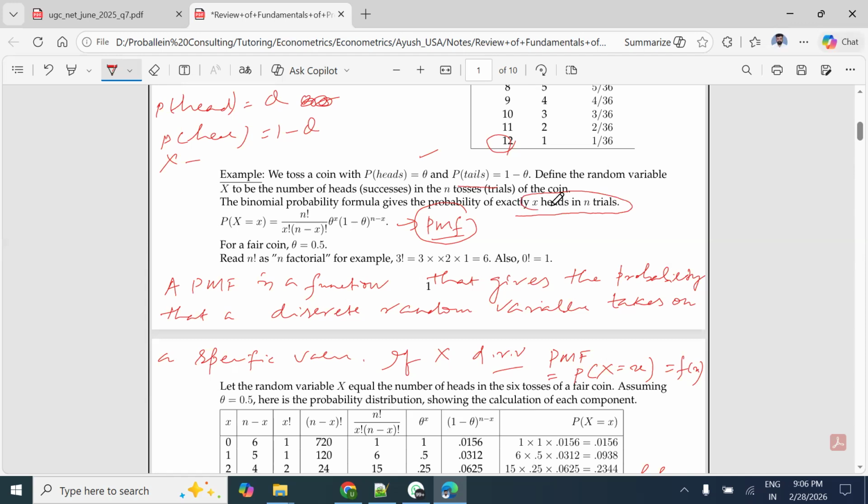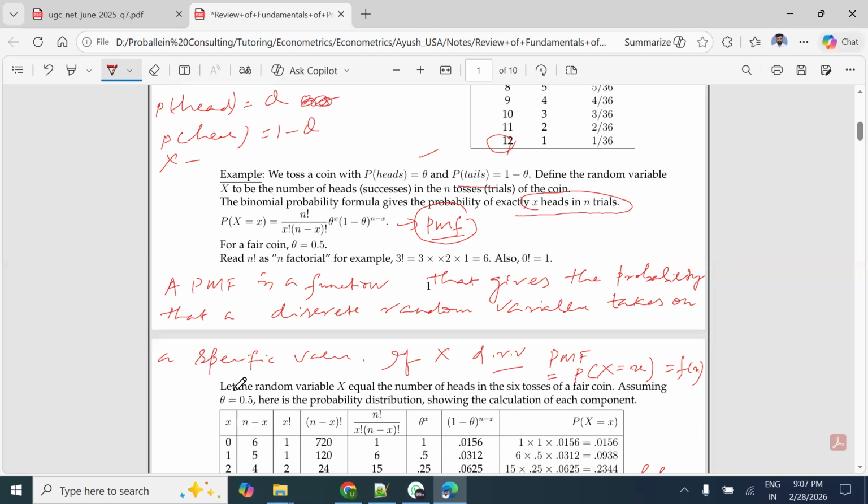Now this formula is basically comprised of three parts. This is very important to know. First, we have already studied it, that is called the binomial coefficient, n factorial upon x factorial into n minus x factorial.